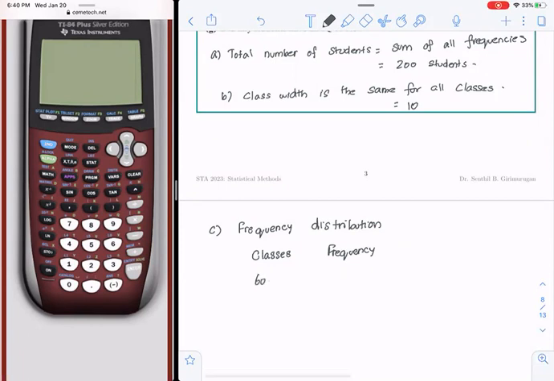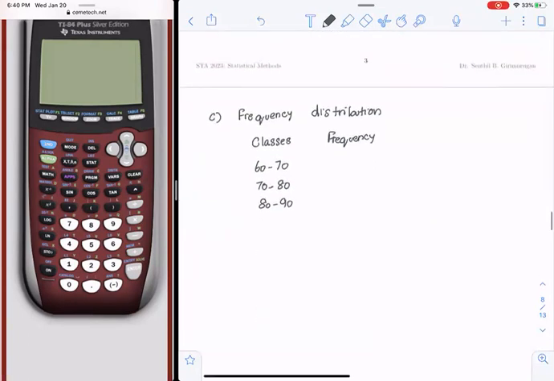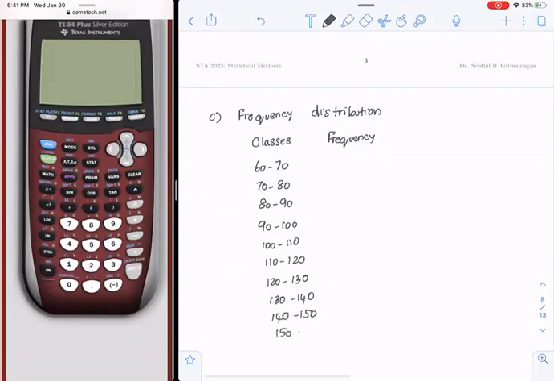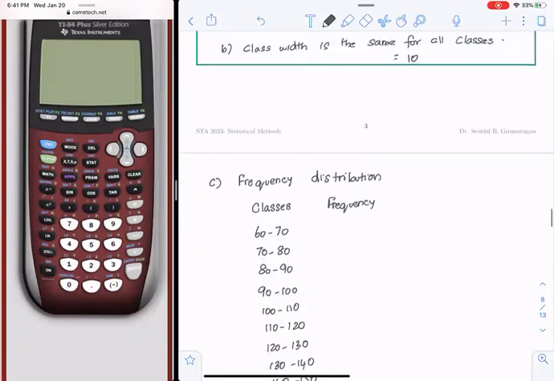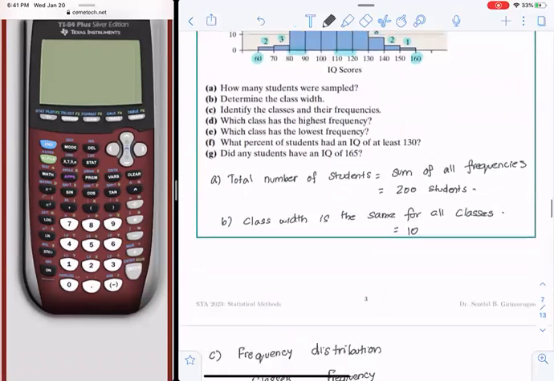So 60 to 70. We have to go all the way up to 160. And the frequencies are given to us.